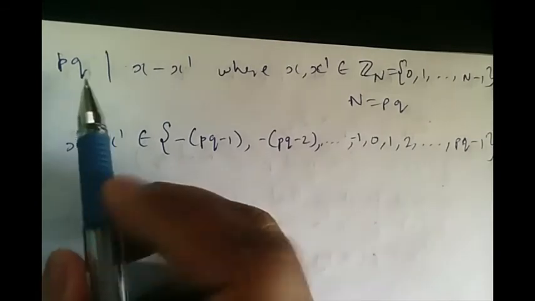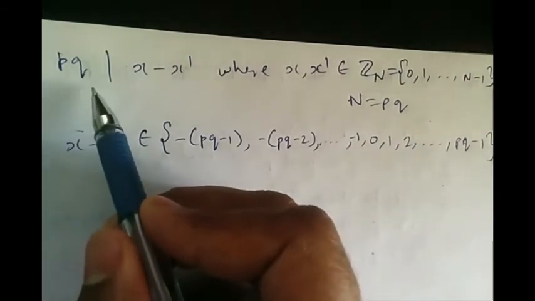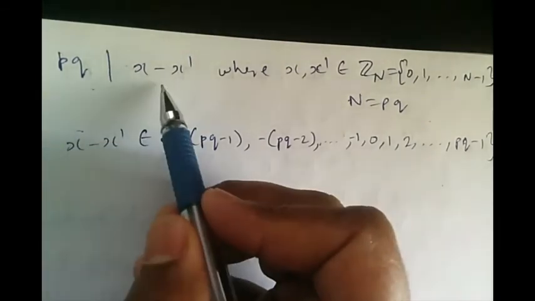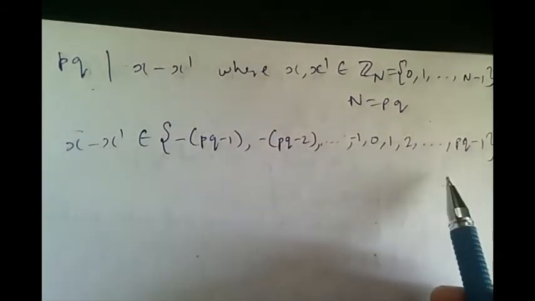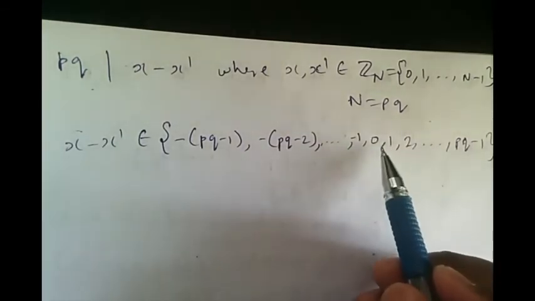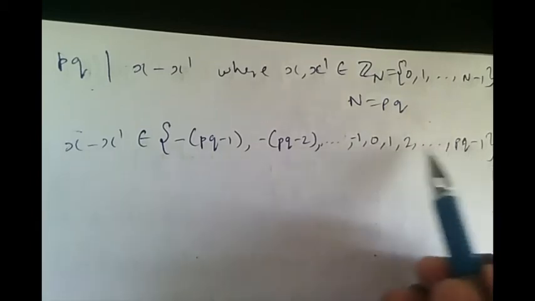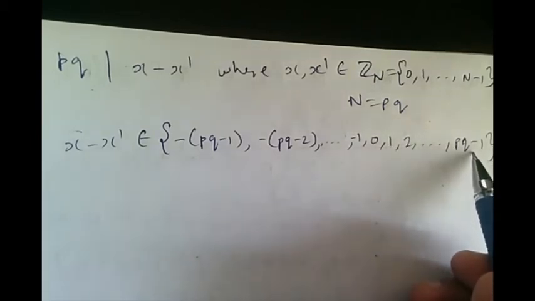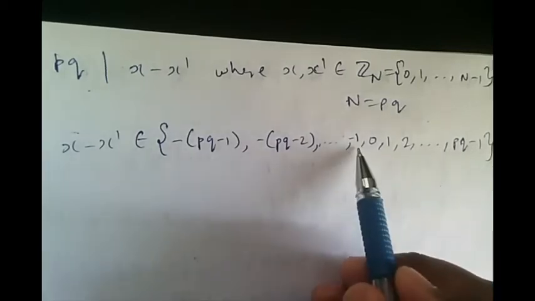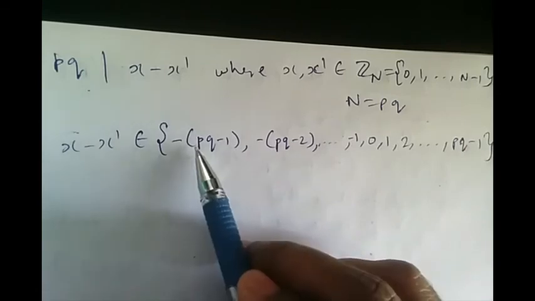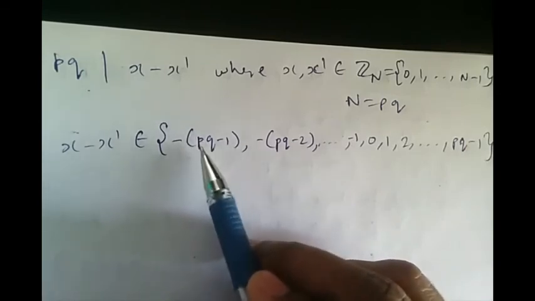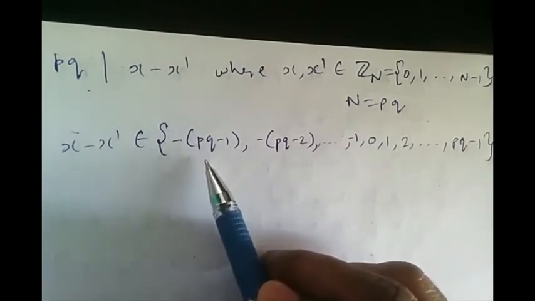So now what we had so far is that pq divides x minus x prime. But if you look at this range here, pq can divide 0, but pq cannot divide any of these positive integers because all of them are strictly less than pq. Similarly, pq cannot divide any of these negative integers because their modulus is strictly less than pq.